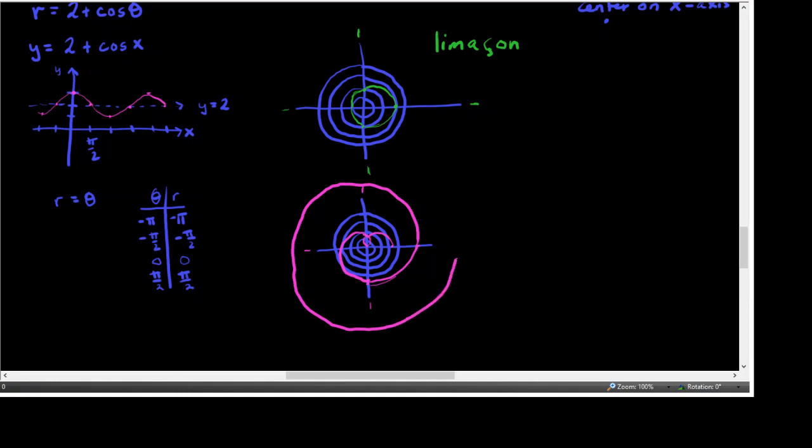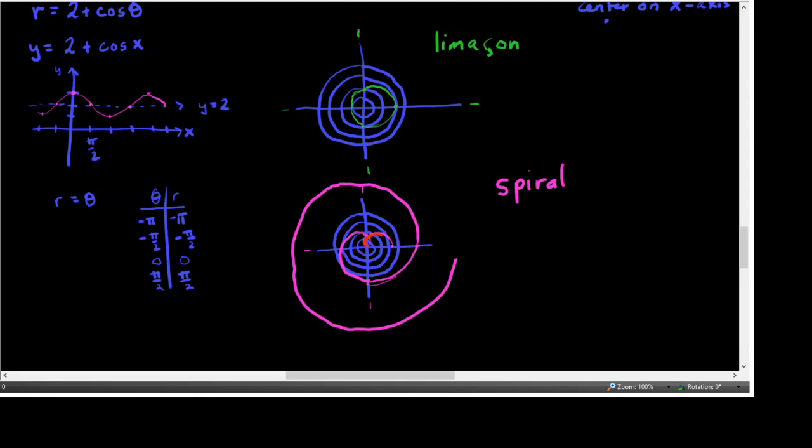Anybody know what that's called? Anybody know yet? Yeah, it's a spiral. And if we were to go to negative infinity, so I was just now moving towards positive infinity, I'm going to make this part of the graph a different color so you can see where theta is negative.